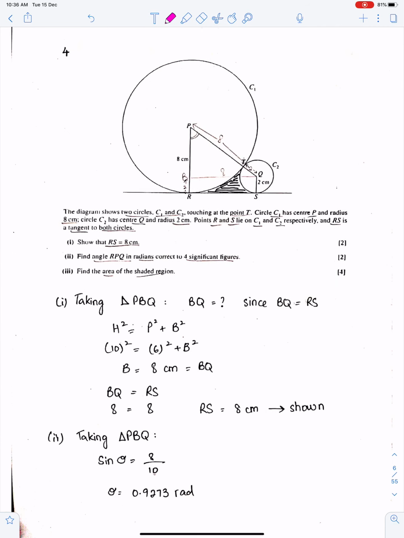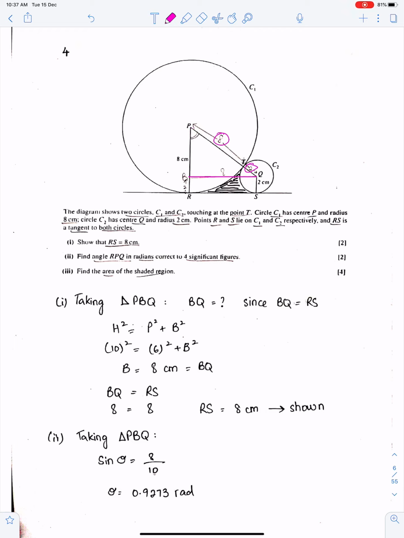In this question, this thing is very important. See, this circle C1 has radius 8 and this circle has radius 2. Therefore, this is 2 and this is 8. So this total length will be 10, this one, PQ, and we need this length.